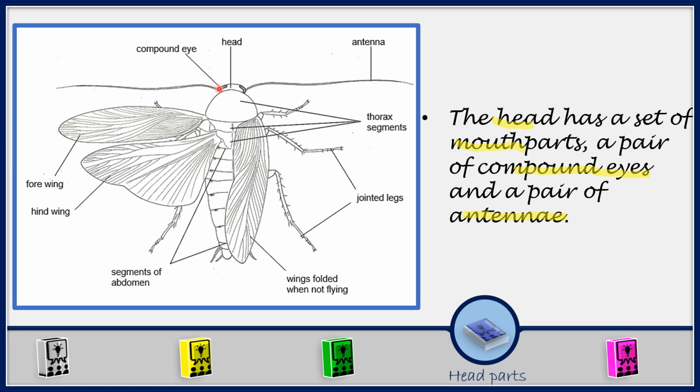And then it has got the compound eyes. Compound eyes, we have them here, this one and this one. And a pair of antennae. This one is an antenna, and this one also is an antenna. All of those are found on the head. So the head has got the mouth parts, the compound eyes, and the antennae.